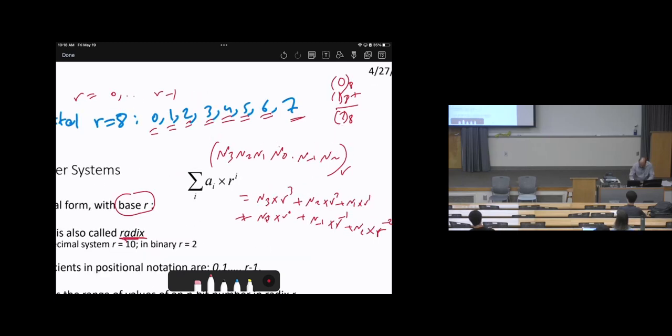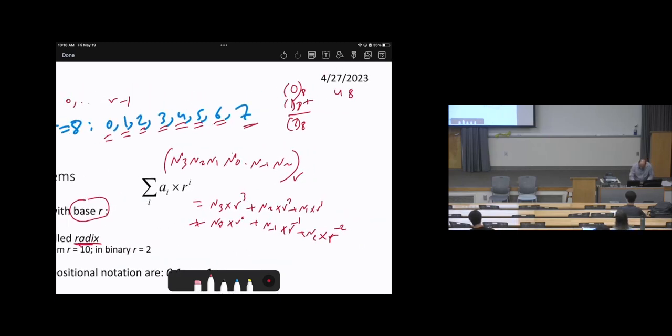When I say 4 octal plus 4 octal, it will be what? 4 plus 4, 8. But in octal, there is no number 8. So the largest number is 7. The next number after 7 is 10.